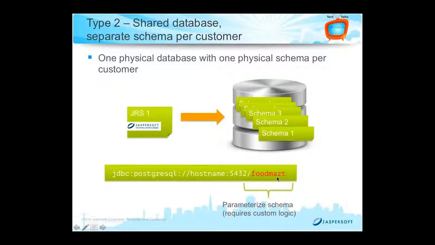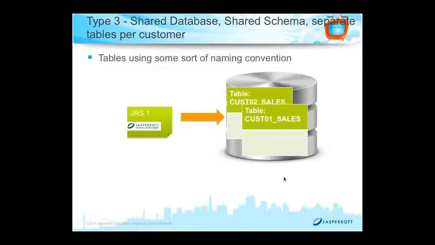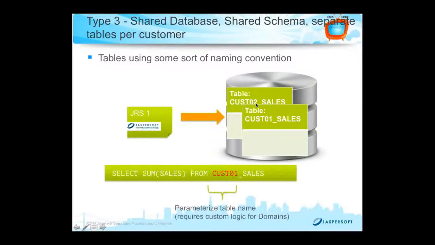Then we have type 3. So this is a shared database. So one database, a shared schema, and then you have separate tables per customer. I hate when I run into this one out in the field. It's not the cleanest one, because what you're having to do is create a table with some naming convention, in this case customer 01, customer 02.